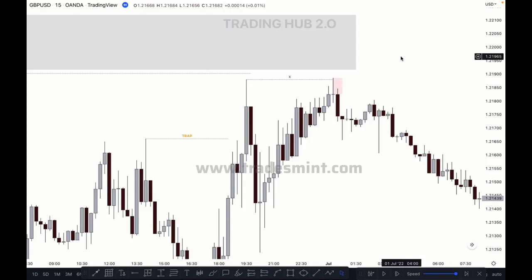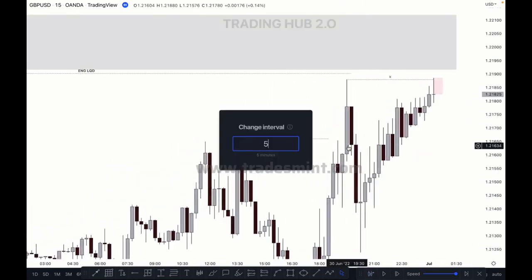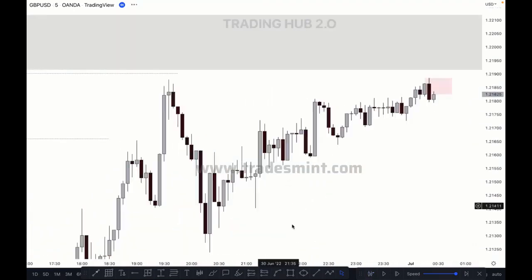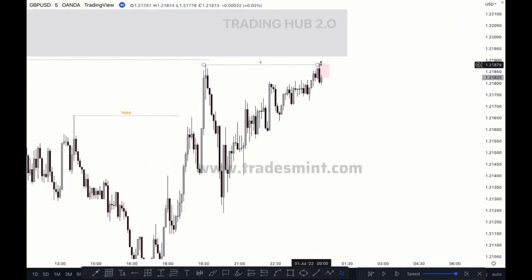Now let's switch into the lower time frame at the same point, the 5 minute and 1 minute, to see how price actually reacts here. First, in the 5 minute, you can see the market also trapped and closed below it. So this one is our liquidity sweep.